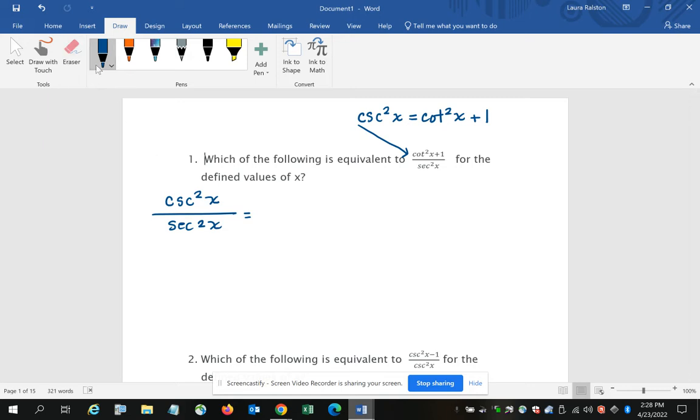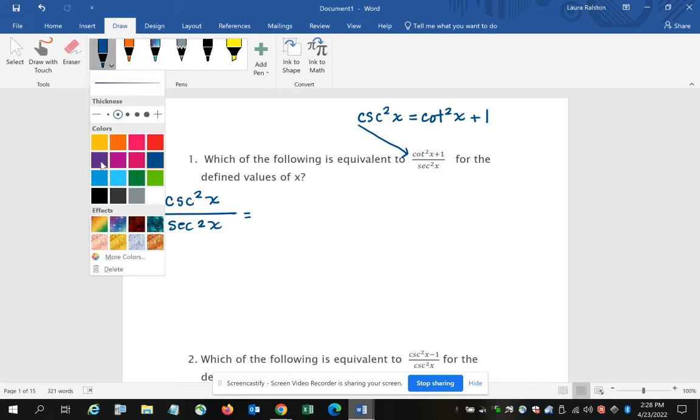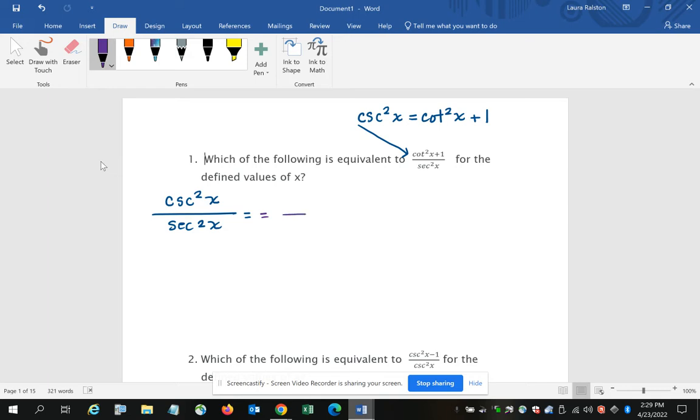From there, I'm probably going to convert into sine and cosine. Cosecant squared is 1 over sine squared, using the reciprocal identity, and secant squared is 1 over cosine squared x.